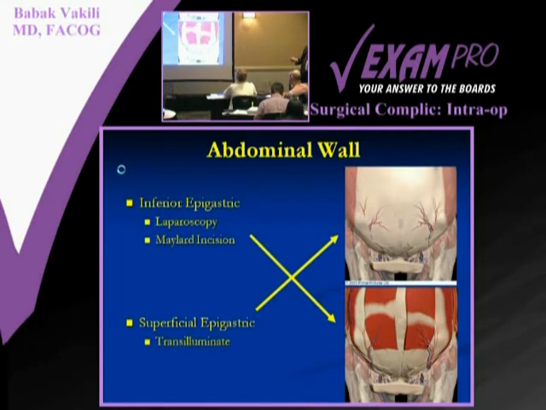The most common time to injure the inferior epigastric is in a laparoscopy or in a Maylard incision. The inferior epigastric comes up. It's one of the two branches of the external iliac before it becomes the femoral. It comes up lateral to your obliterated umbilical vessels in the lateral peritoneal fold.